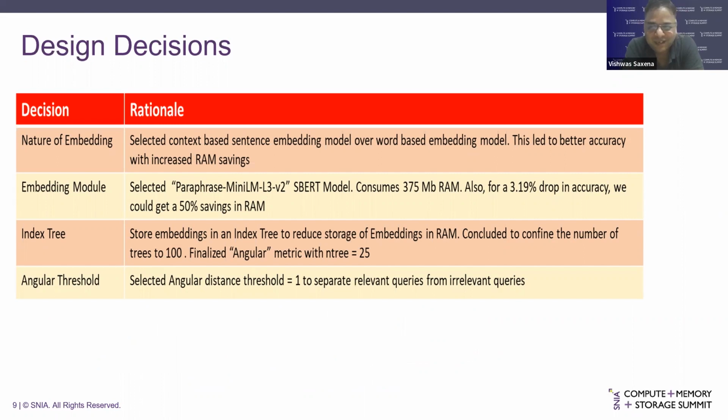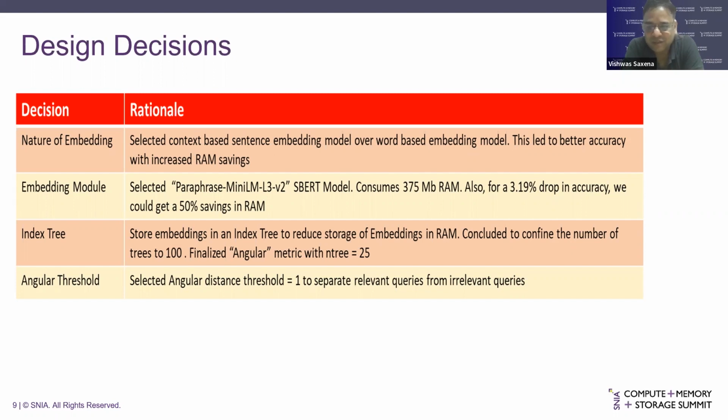We selected, like I said, the context-based embedding model over the word-based embedding model because it captures the semantic intent, and it has a smaller RAM footprint. The embedding module that we selected was the Paraphrase MiniLM-L3 V2, the SBERT model.